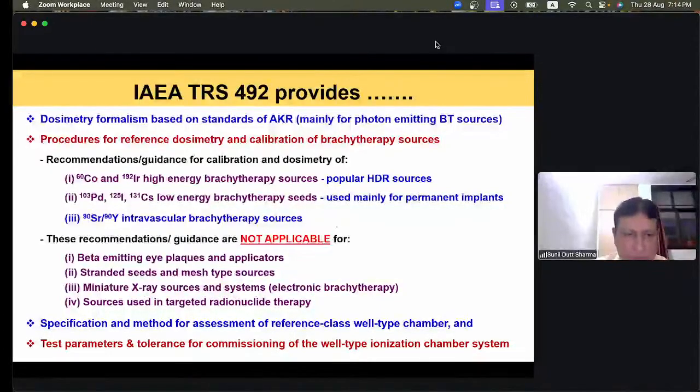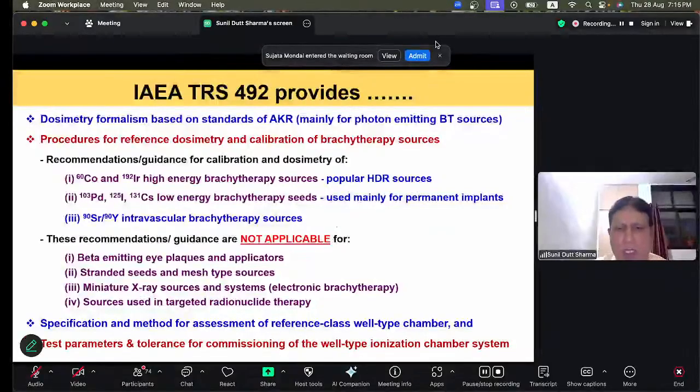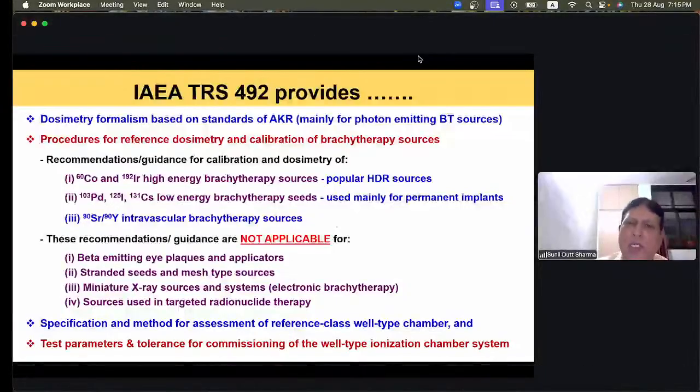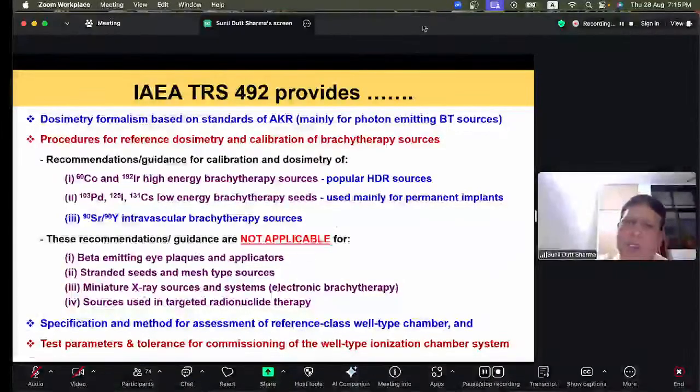The specification and method for assessment of reference class bell type ion chamber has also been provided in this report. Test parameters and tolerance for commissioning of the bell type chamber system is also provided.